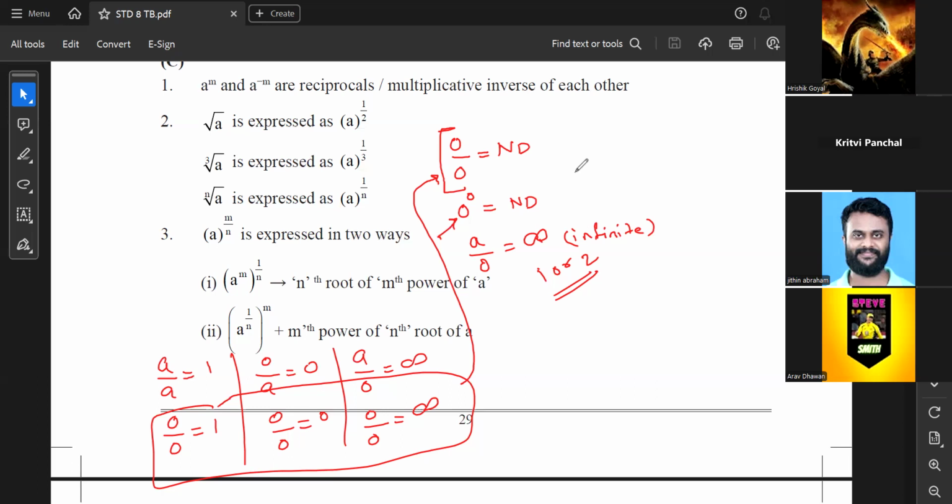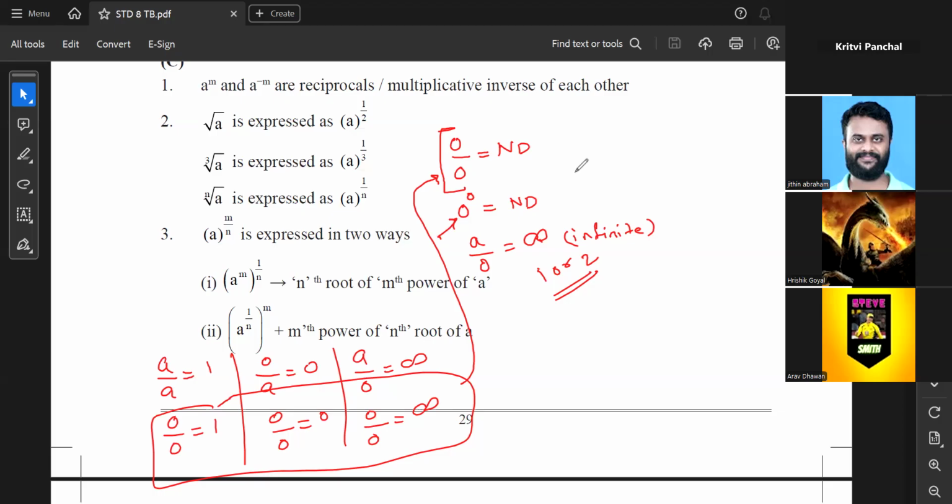Yes, Krithvi, tell me. Yes, sir. So A upon zero is infinite, but then zero upon A is not defined, right? 0 upon A is 0. I have written over here. Oh, okay. 0 upon any number is 0. Okay, thank you. Yeah.